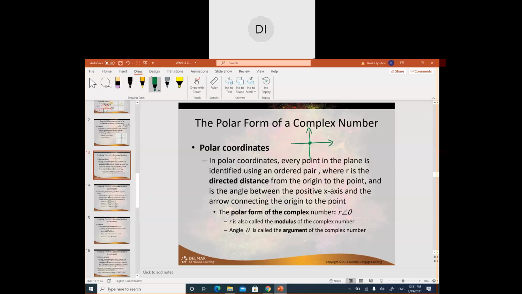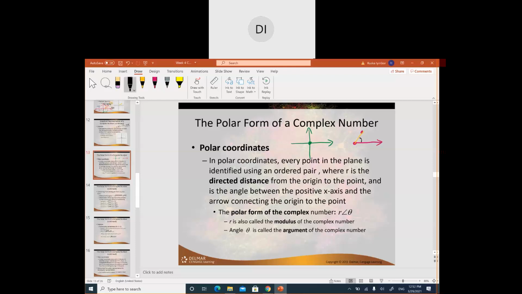Now the polar coordinate system needs only the x-axis starting from the 0. Let's say I pick this point. I'm going to connect that point with the center, the 0, 0, and I'm going to measure the distance and the angle with the x-axis.